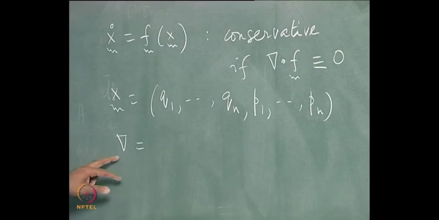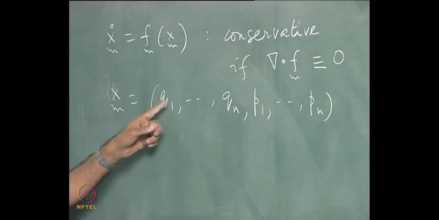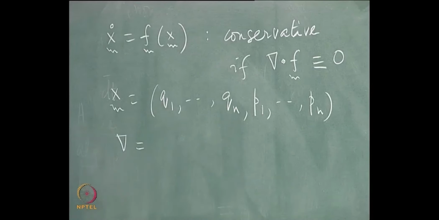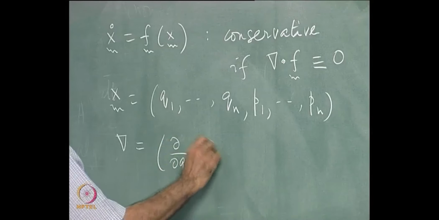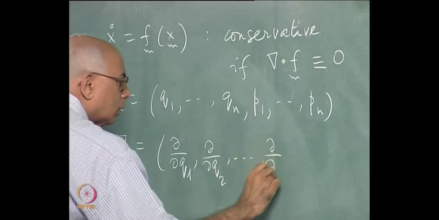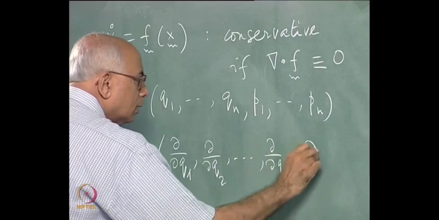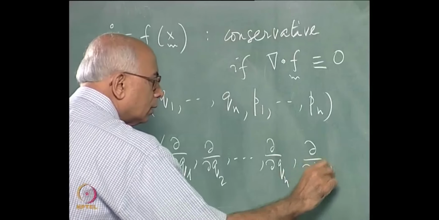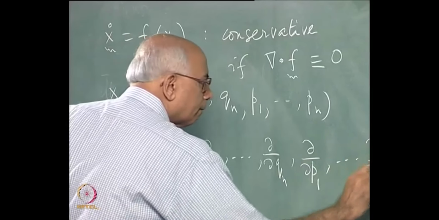The gradient operator is one which has components which are the partial derivatives with respect to all the dynamical variables. So it simply stands for delta over delta q1, delta over delta q2, delta over delta qn, delta over delta p1, delta pn.